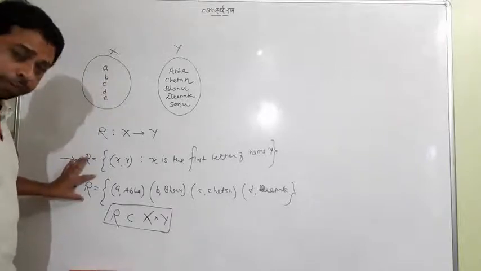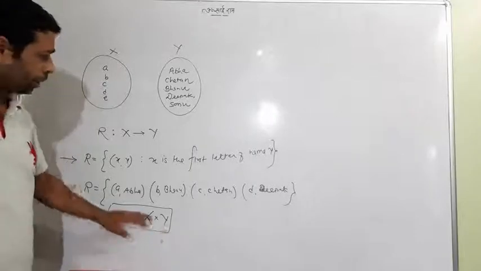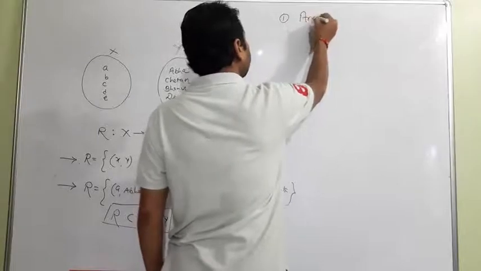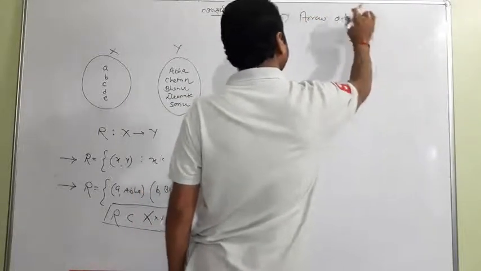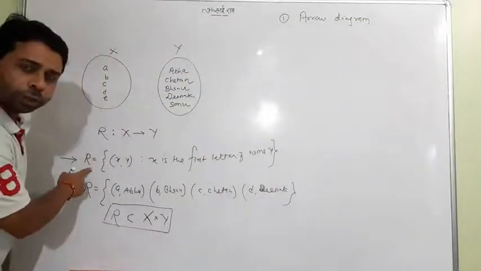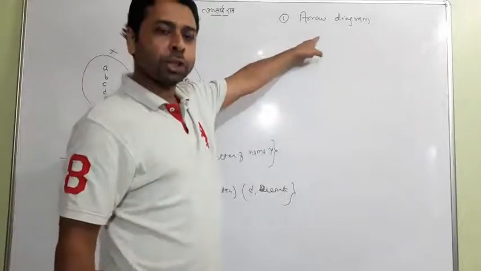This is roster form. You have learned the very important thing that relations are always subsets of the Cartesian product. One more thing to learn is the arrow diagram. It is nothing special, but the name makes it clear. That is the first representation of a relation, that is the second, and that is a third representation of relation.